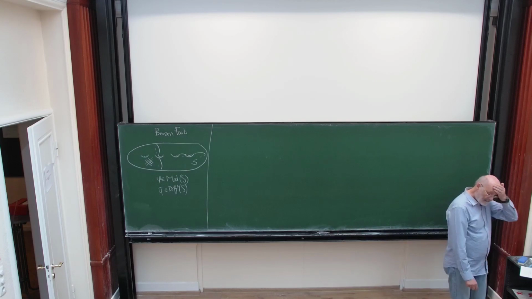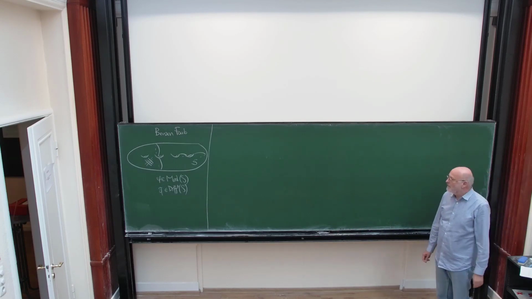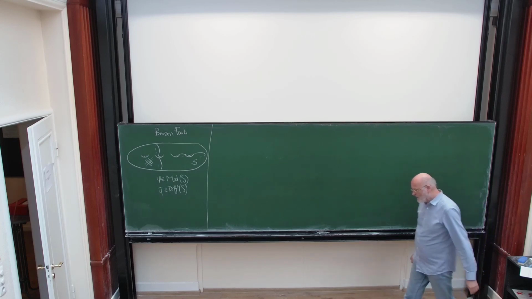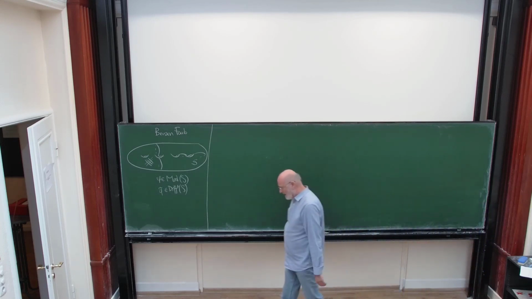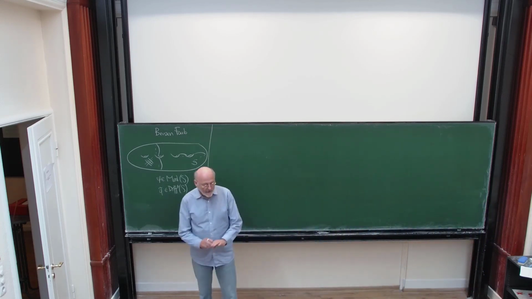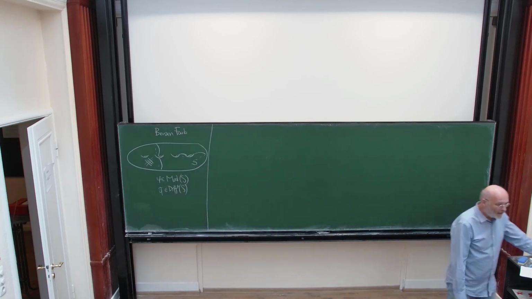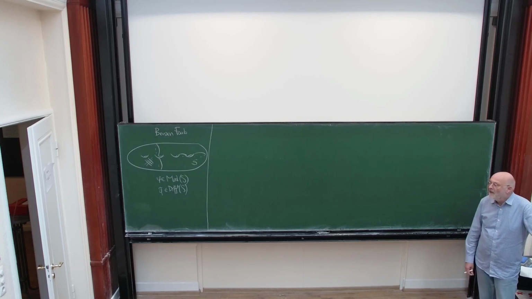And now, Benson Farb's idea is that we should try to do something similar in higher dimension. Now, dimension 3 is rather boring because there is another theory of Thurston available, the geometrization of 3-manifolds.